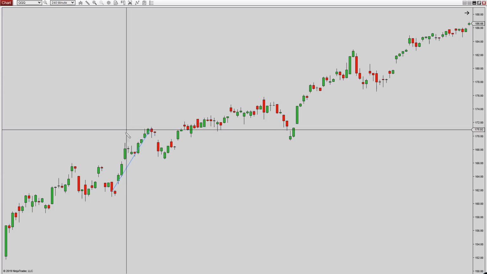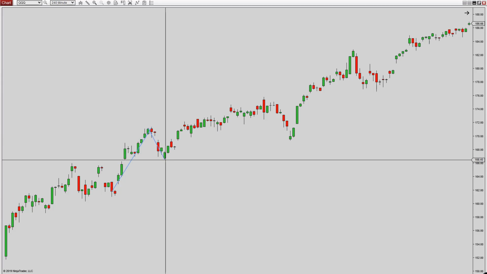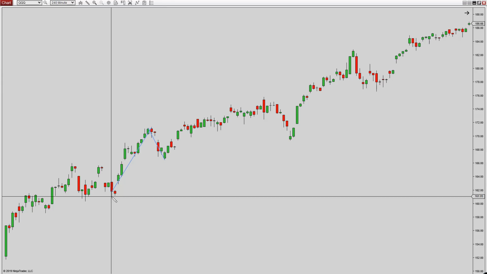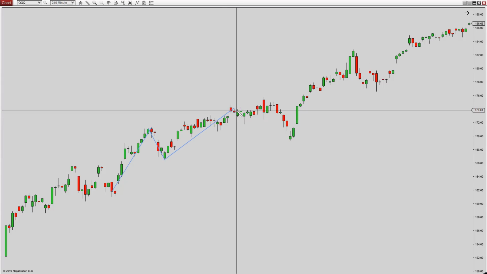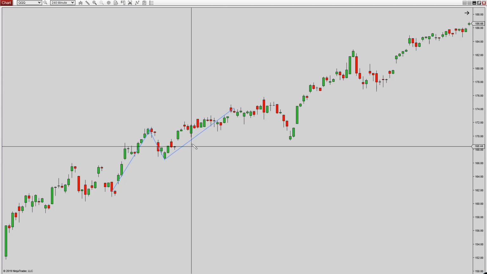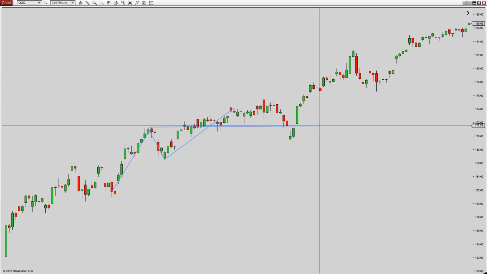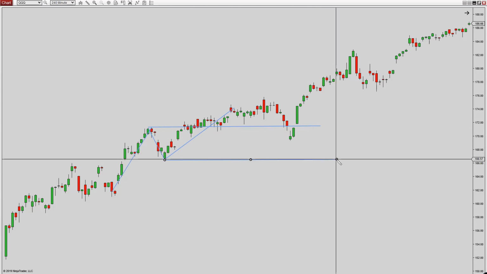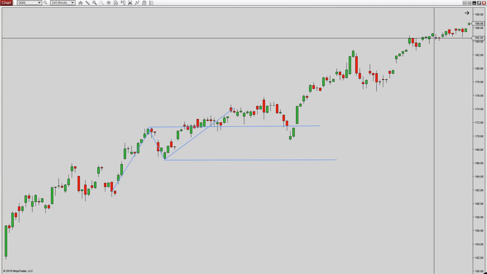So this high is higher than the previous high, and then we have a retrace where the low is higher than the prior low, and then we go higher. Okay, and at this point we have created a pattern, and we would expect price to come back to that pattern. There should be a return, and we would expect price to move higher.